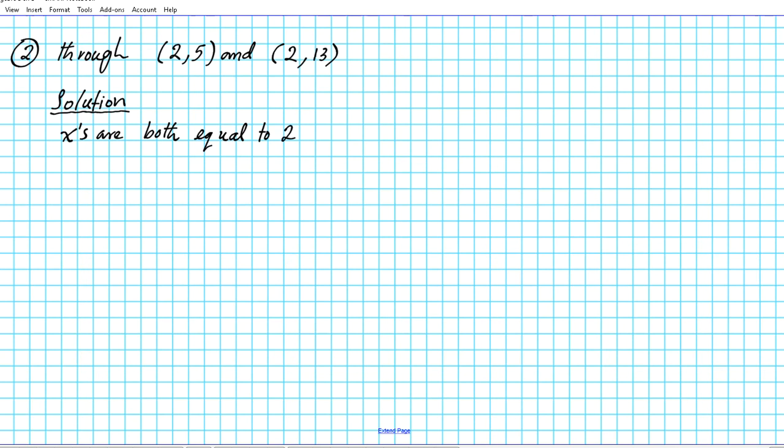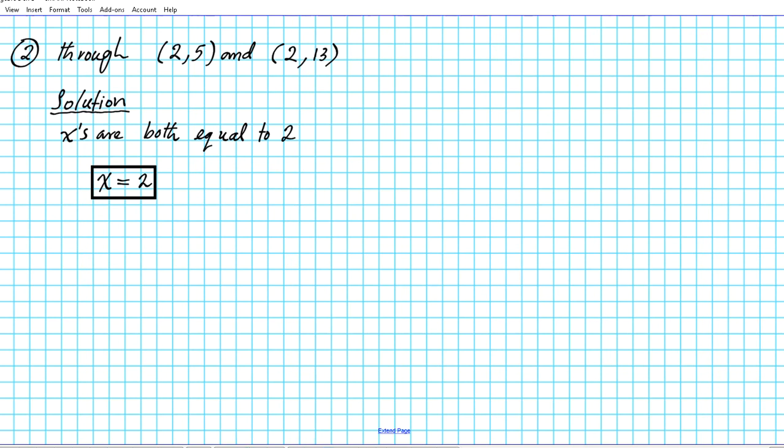You know what that means? We don't have to do any work. Our answer is automatically x equals 2. And that is the equation of the line. This is a special case. In a case like this, what you have is a vertical line.